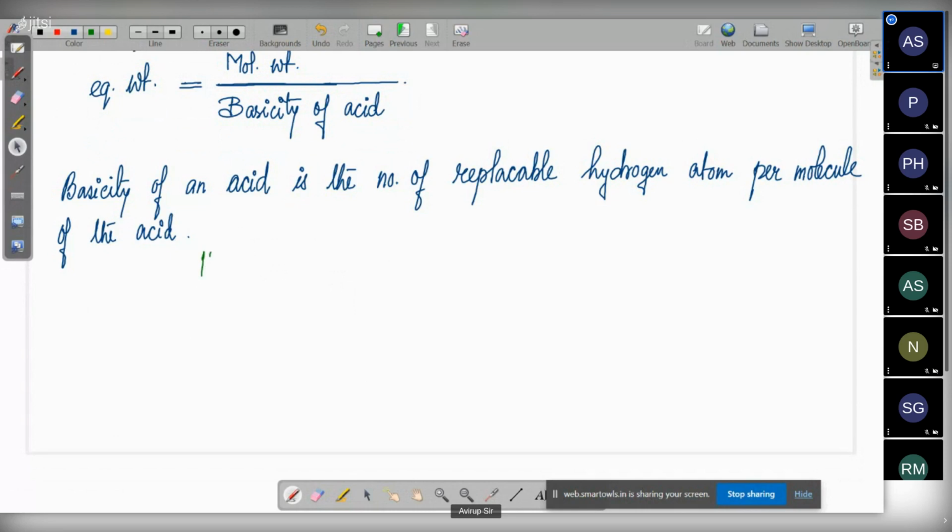See, HCl. How many hydrogens are present in HCl? Only one. So it will dissociate to produce H plus and Cl minus. You have done this type of reaction in class 9-10.